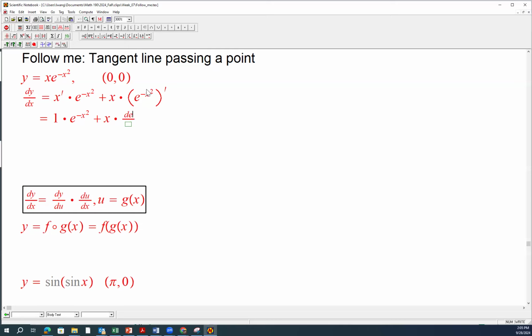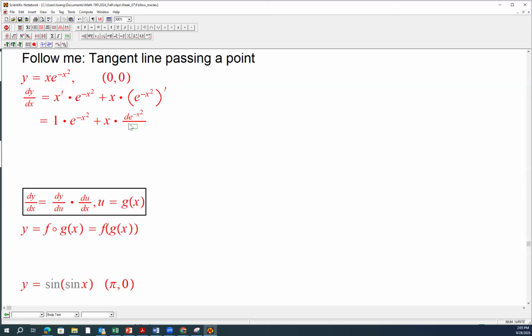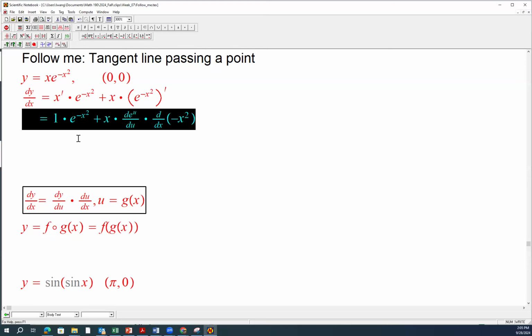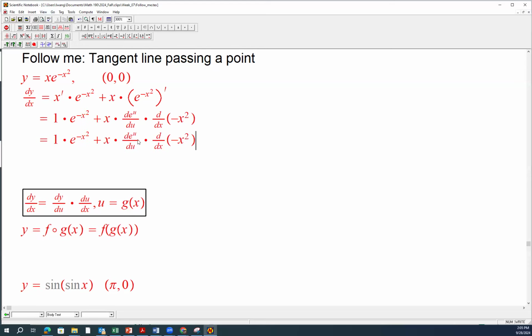Derivative of e to the power of negative x squared, that is our u, du, right? So we're doing this part. And so that's our u, and du dx. Okay, you don't have to write this explicitly, so you can go straight to the next step, right?